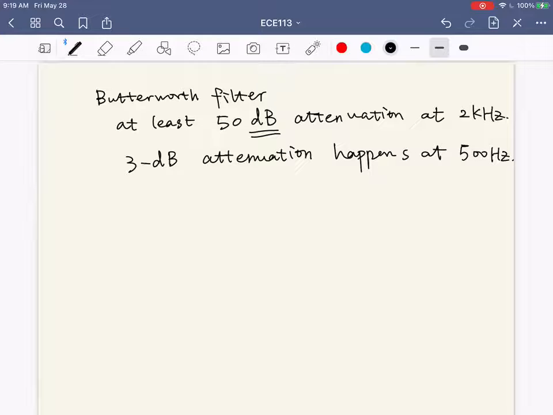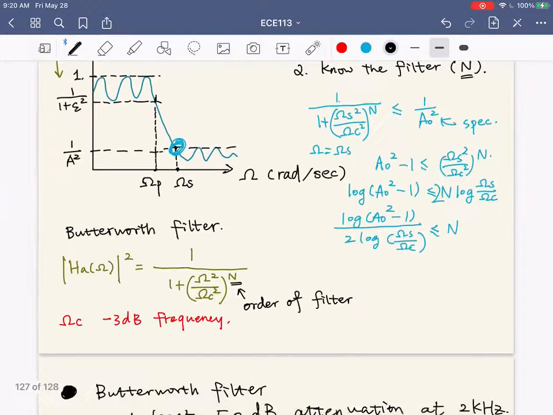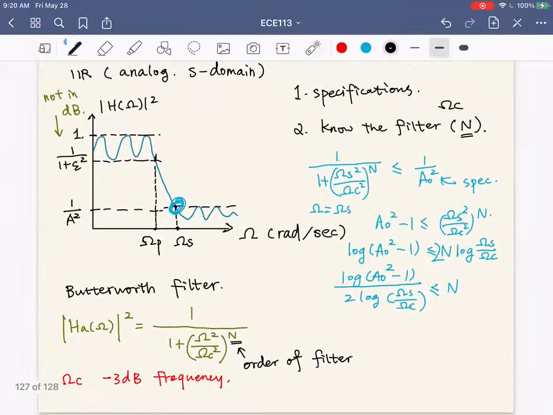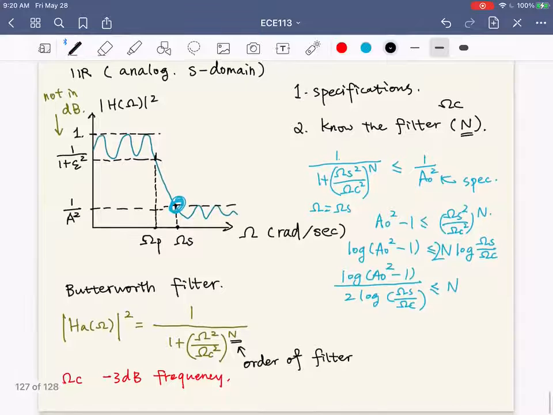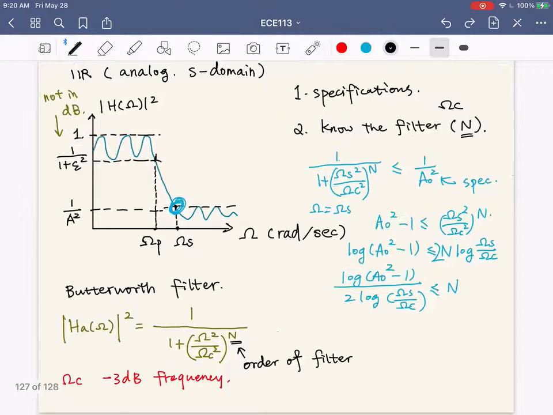So you see that the requirements are described in text, and what should our next step be? Reviewing the process before, our first step should be to know the specifications, and they'd better be represented in our familiar parameters, right? So let's do the mapping.